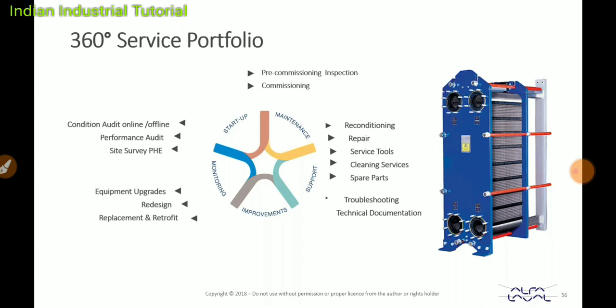And then throughout the lifetime we are there, and if you need this condition audit, offline or online, and performance audit, we are there to help you out to look at the heat exchanger, whether it is working at full efficiency or half efficiency.